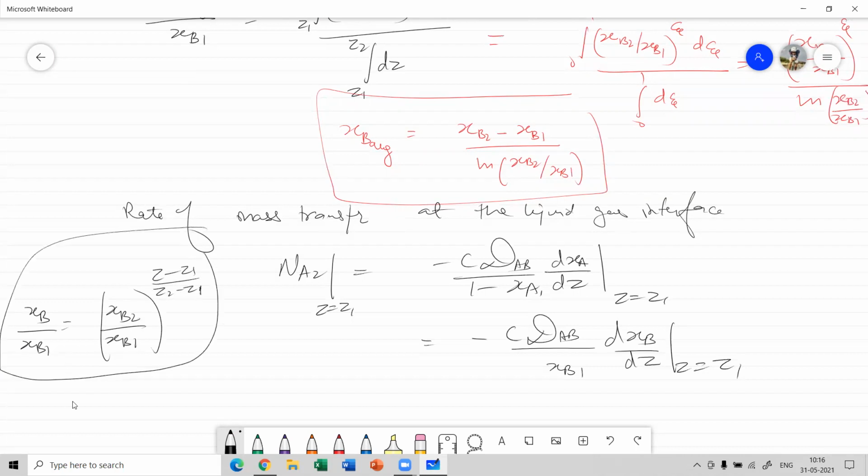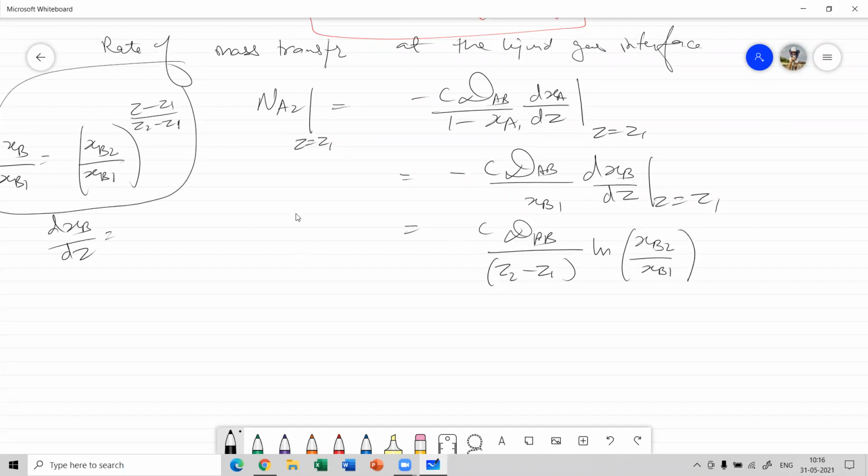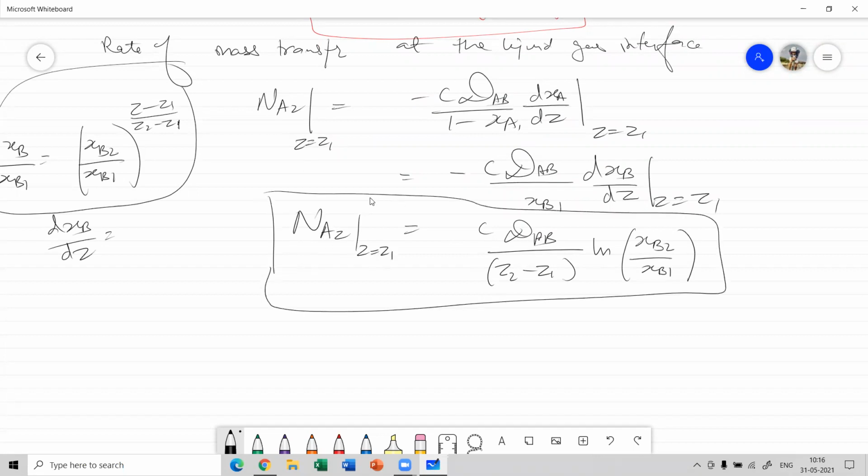From this we find dxb over dz, and after differentiating, the result is C DAB over z2 minus z1 into ln of xb2 over xb1. So this is the molar flux transferred at the liquid gas interface.